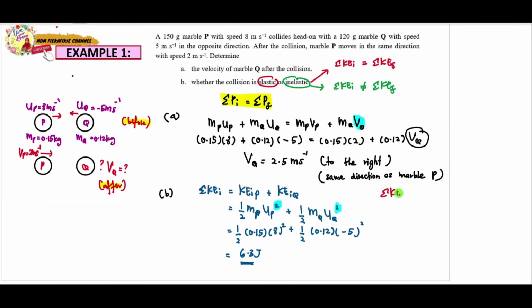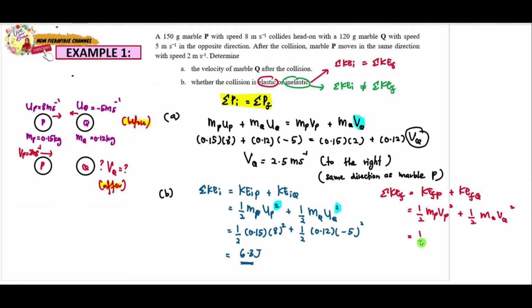Total kinetic energy final should be kinetic energy final for P plus kinetic energy final for Q. Same, half mp vp squared. This time we have vp because it is final velocity, plus half mq vq squared.